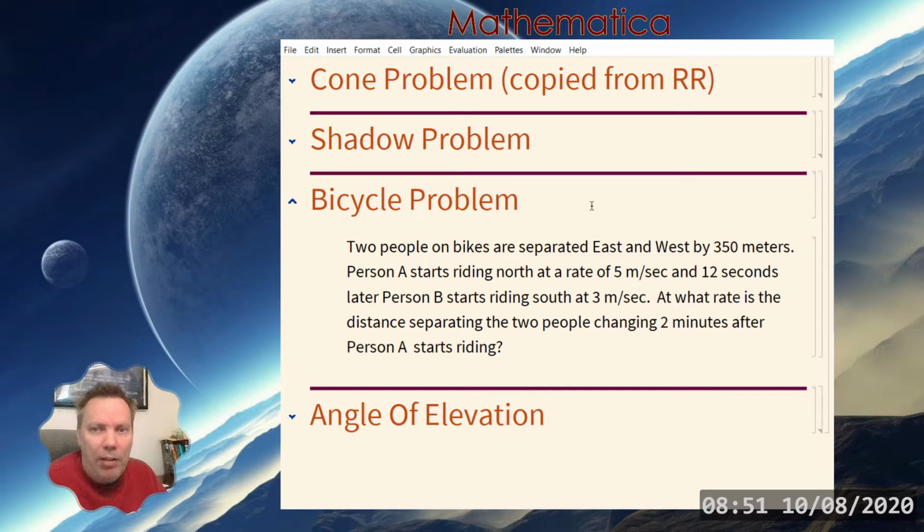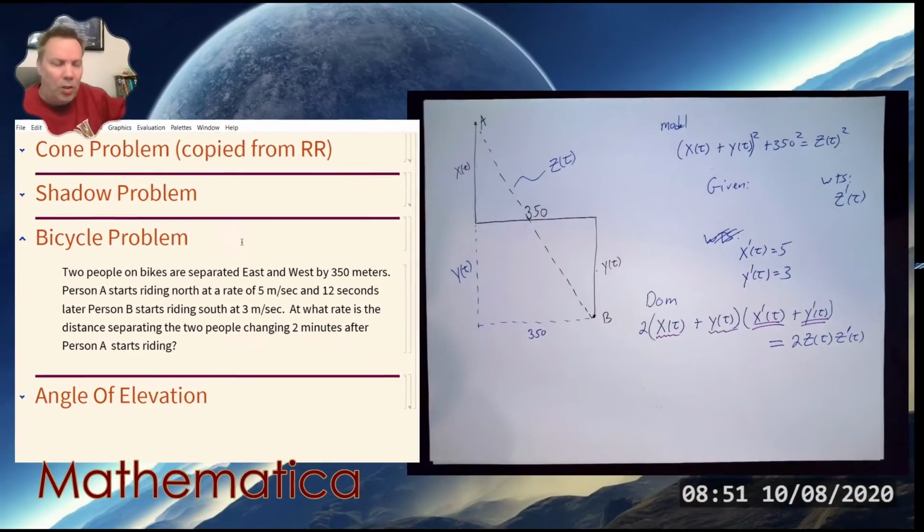Person A starts riding at a rate of 5 meters a second, and 12 seconds later, so person B is riding for 12 seconds less, is riding at 3 meters per second. Person A has been riding for 2 minutes, but person B is 12 seconds less than that. So I'm going to try to write that down over here.